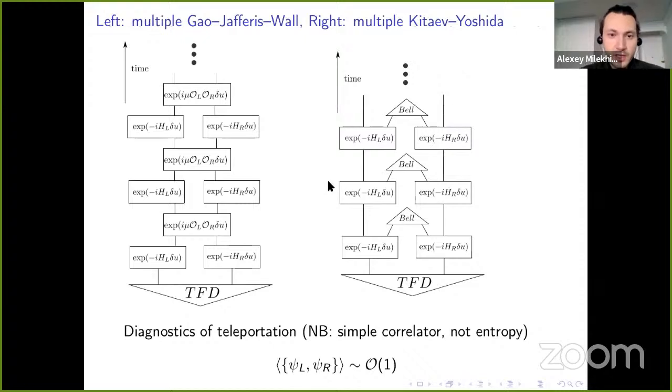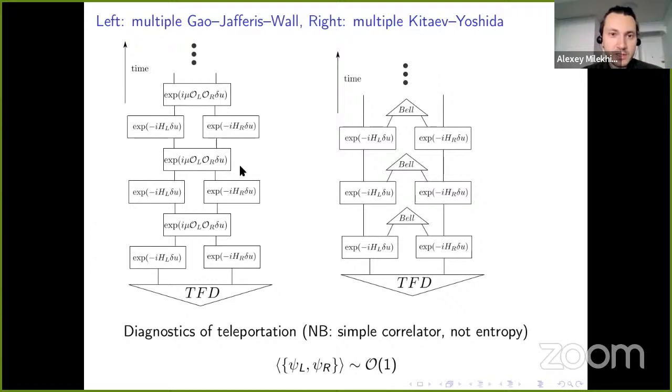So now, as in this picture with teleportation, we want to add measurements or any kind of interaction between the two sides in order to actually send information from one side to the other.